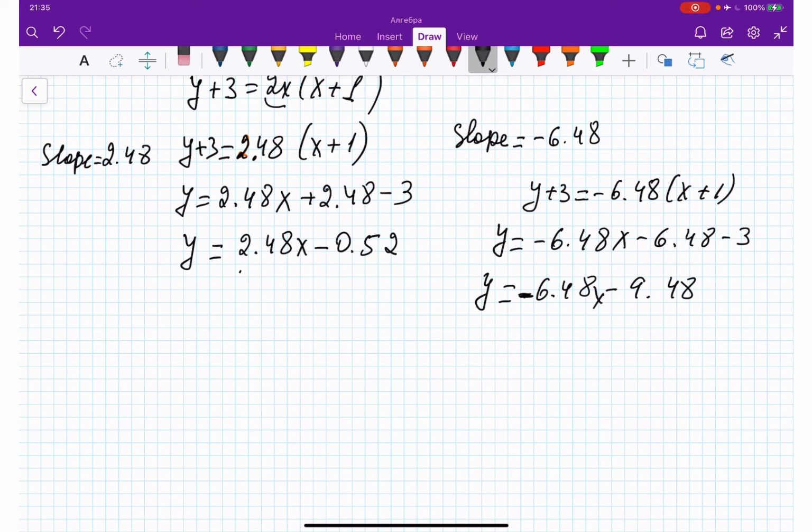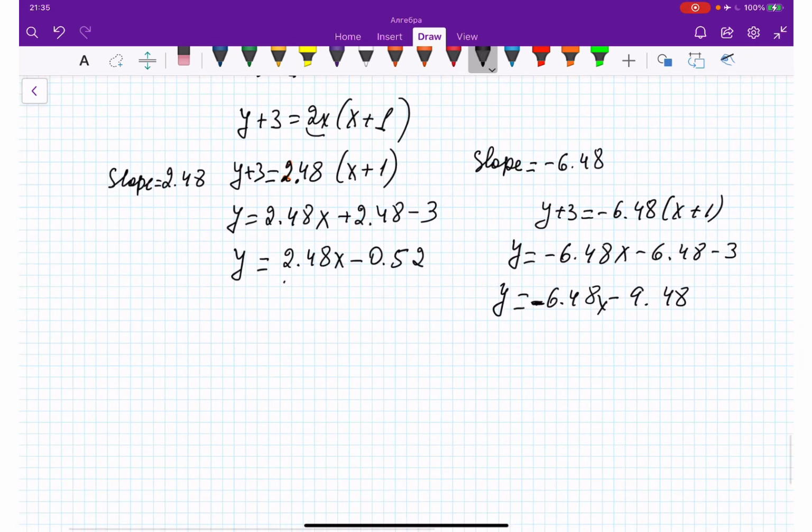And those are our equations. So we found the equations of the two tangent lines to the graph that pass through the point negative 1, negative 3.